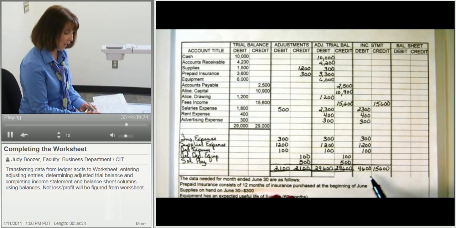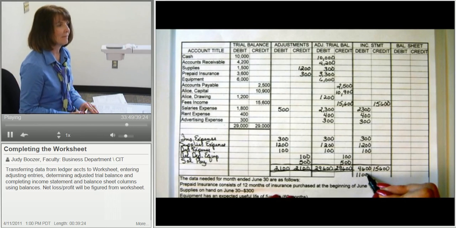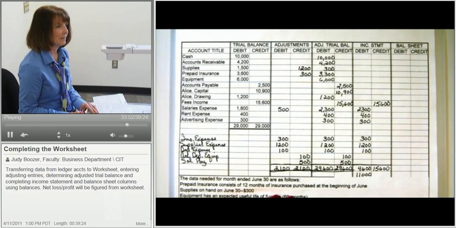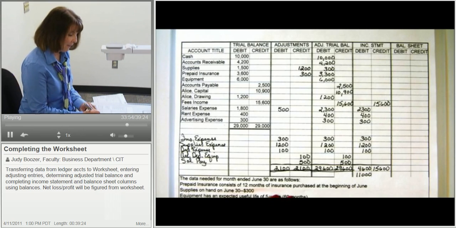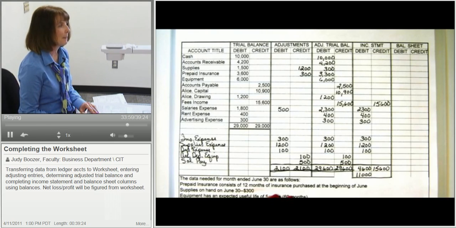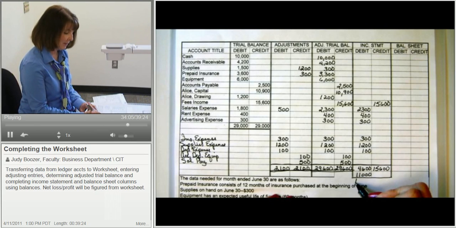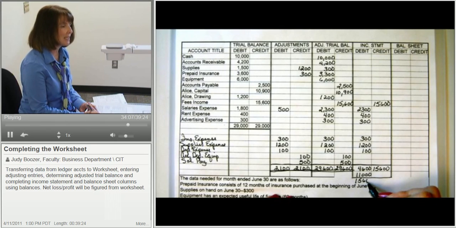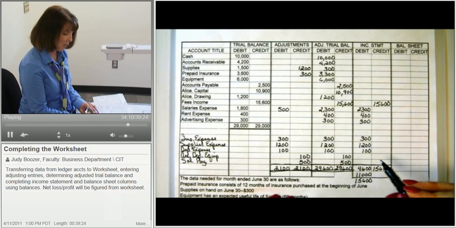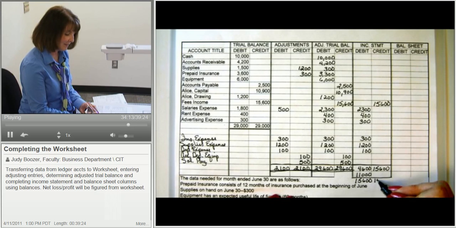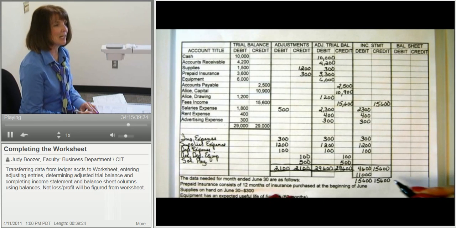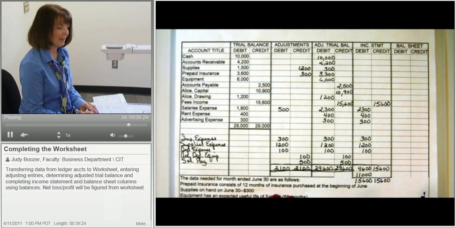So you're going to add it right here to the debit side. And then you're going to put another ruling underneath across both columns. And you're going to add these two up. And what will you get for the debit? $15,600. And of course, we know what we get for the credit. $15,600. Do we agree?